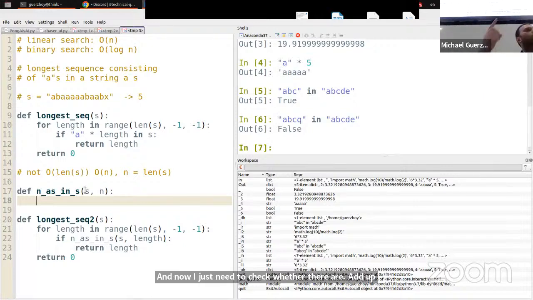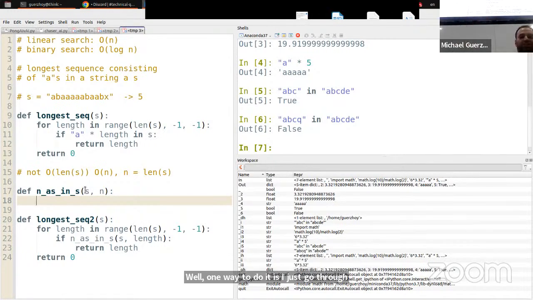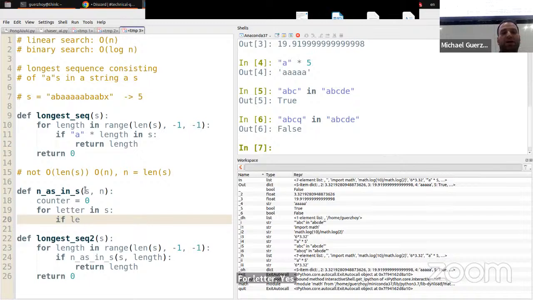How would I do it? Well, one way to do it is I just go through S and I say, so far I have this many A's. If I encounter a non-A, I reset the counter. If I get a new A, I start the counter again. So I'll say counter initially is 0. And I'll say for letter in S. If the letter is A, I'll increment the counter.